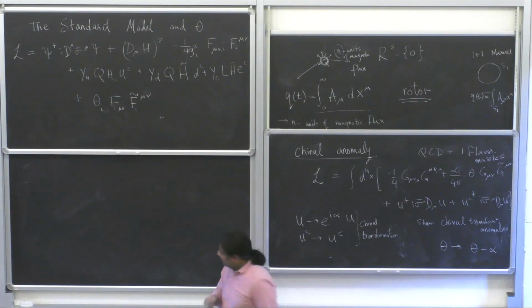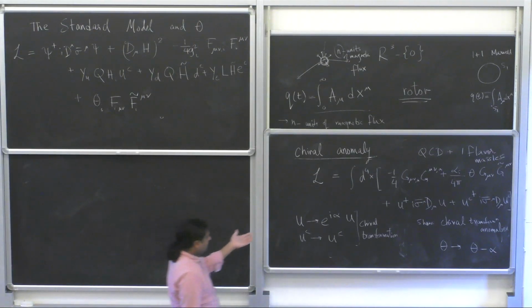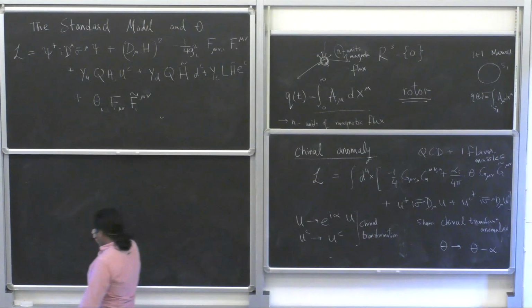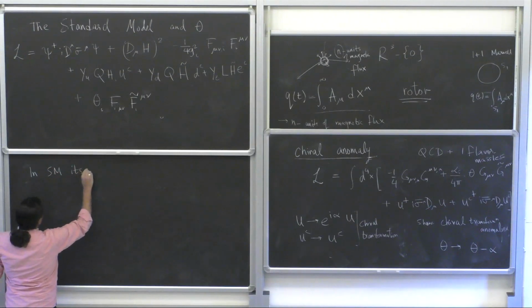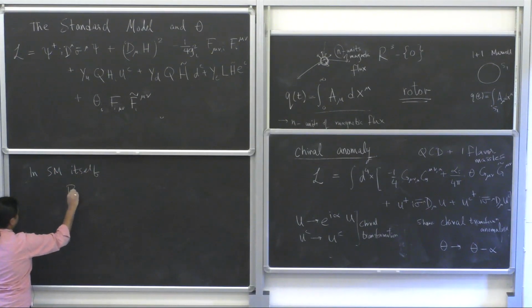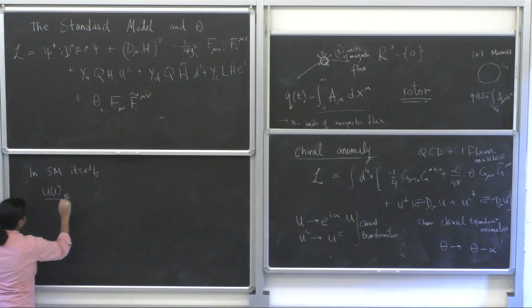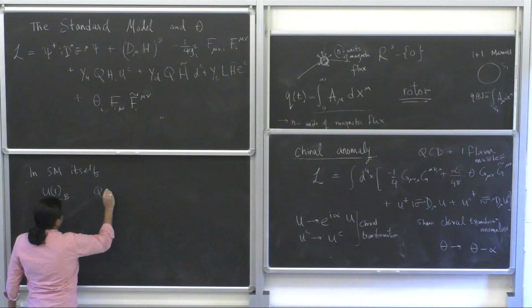Good. So now I'm going to use this as a given: anomalous chiral rotations can shift the theta angle. So in the standard model itself, the baryon number U(1)_B is a symmetry under which quarks transform in this particular way.